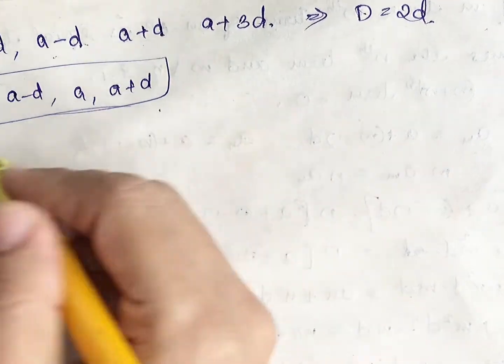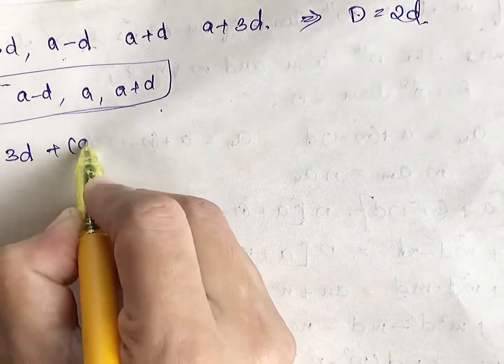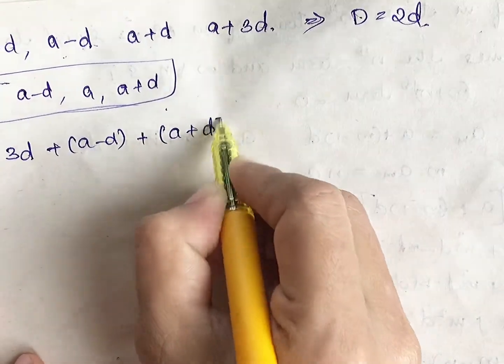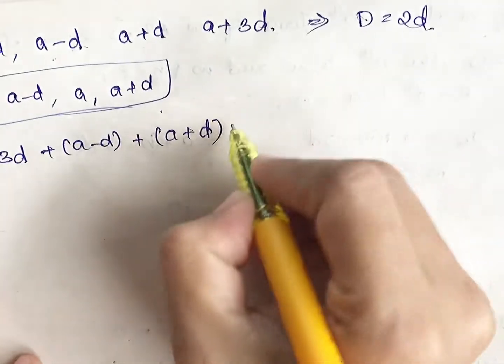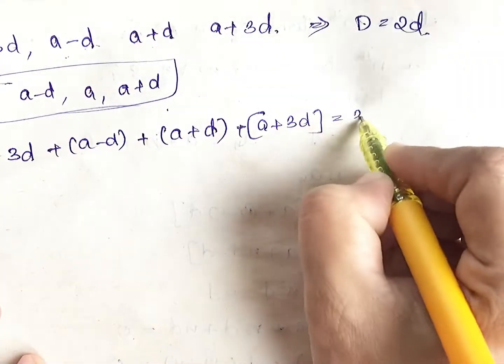So we will take a minus 3d plus a minus g plus a plus g plus a plus 3d. It would become 32, right?